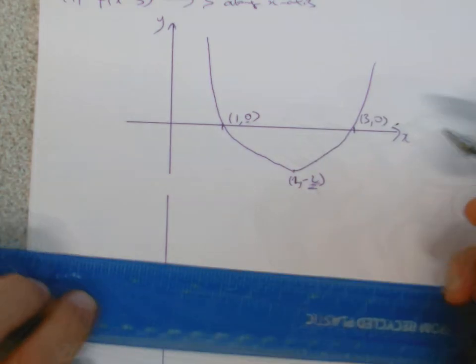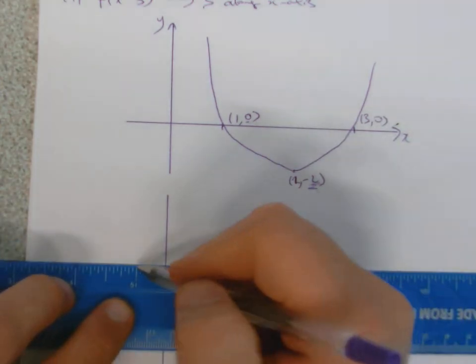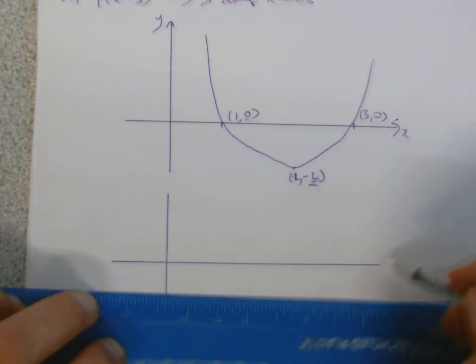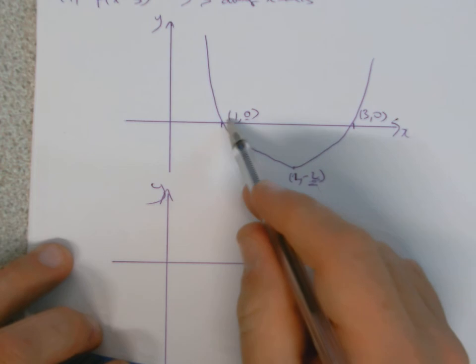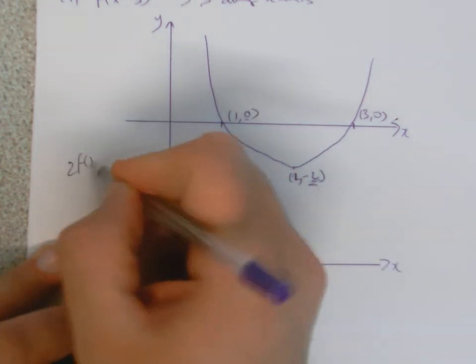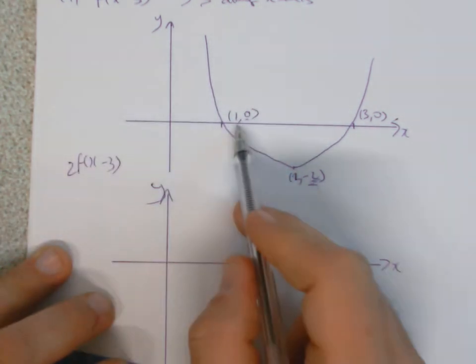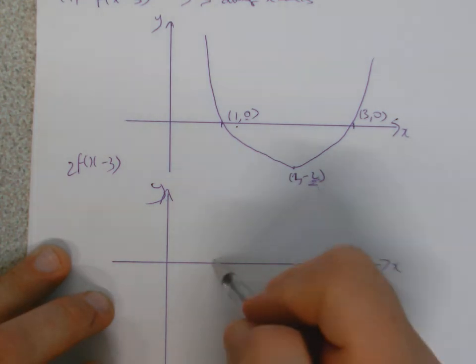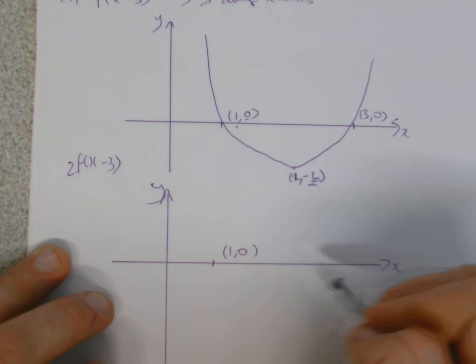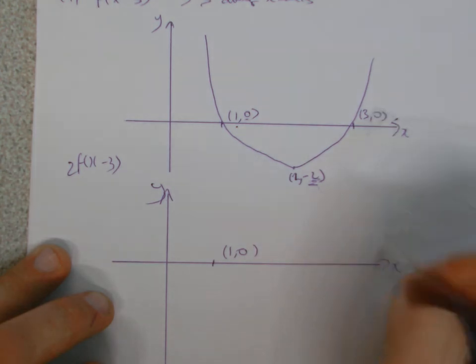Okay, so we need a bit more negative values for y. As I said, times that by 2, because I want 2f of x minus 3. Times that by 2, it's going to stay the same, because 0 times 2 is 0. Times that by 2, it's going to stay the same.